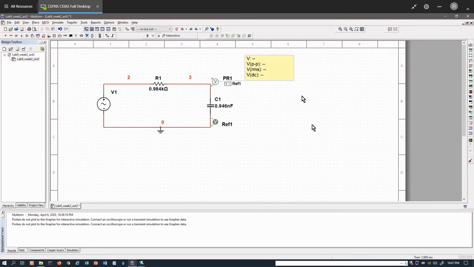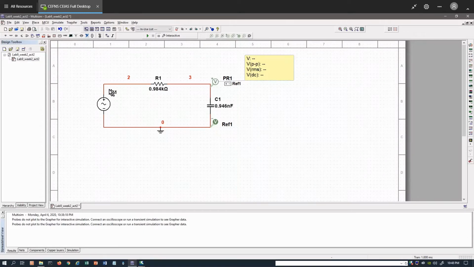So here I'm going to show you how to do the simulation for activity 2. So the circuit we're using is the same as activity 1. I just replaced the source voltage with AC voltage, or the sinusoid signal. So I hide the parameter for this voltage source because you need to calculate the frequency of this voltage source by yourself.